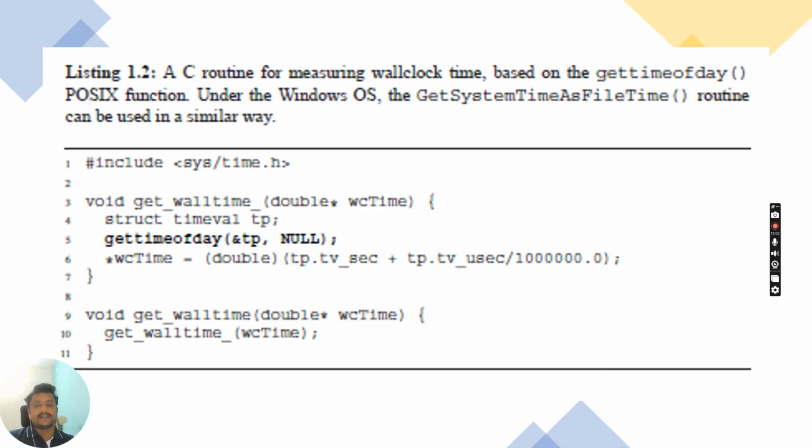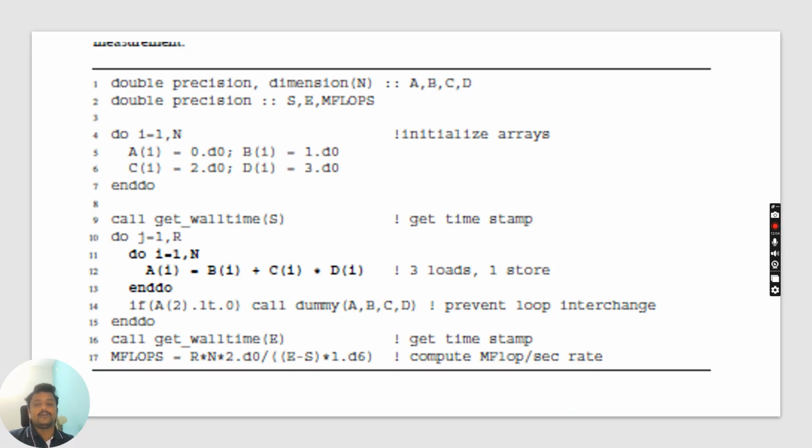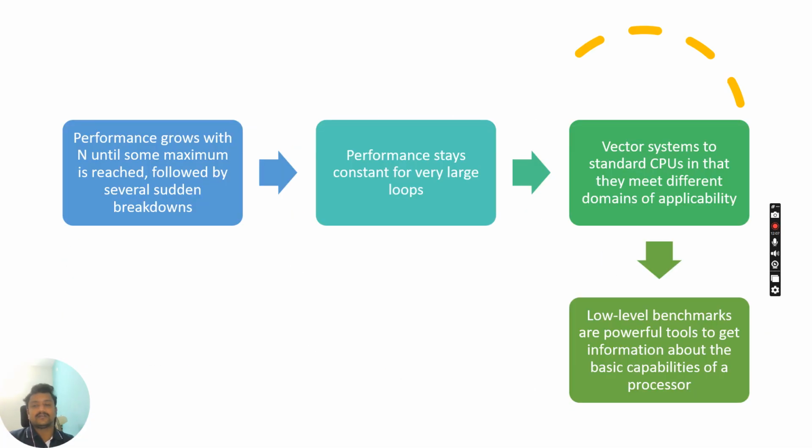That is based on this particular loop value. But based on this particular growth of the performance, it will be steady and constant with very large loops. But there will be a vector system with a standard CPU that has to meet the different domains of capability.